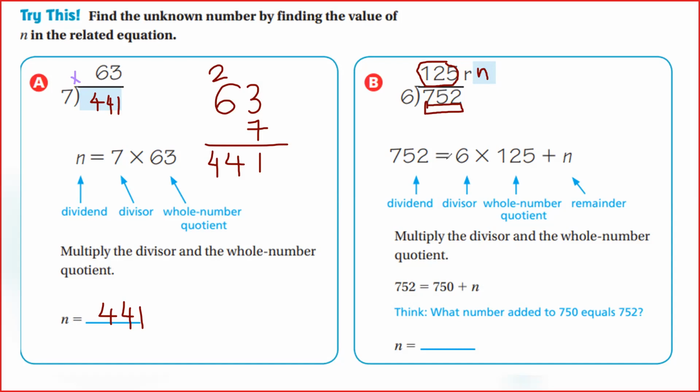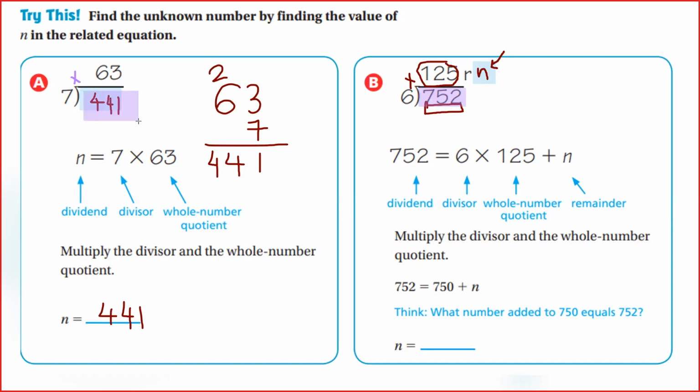I will repeat: when I multiply the quotient by the divisor and add the remainder, I will get my dividend. So how can I get my dividend?